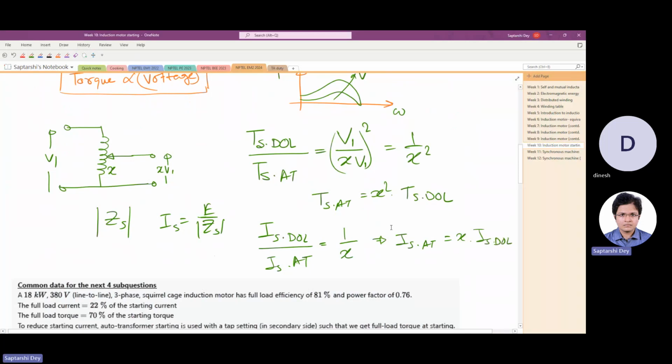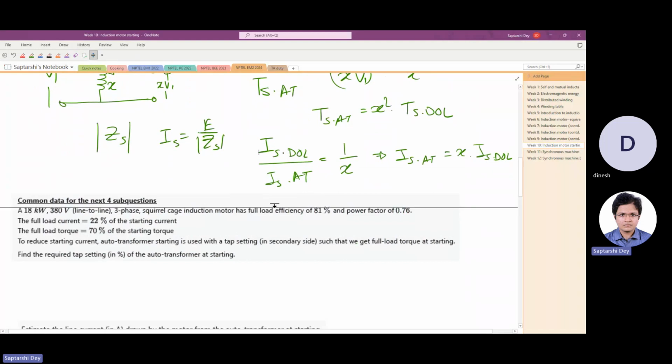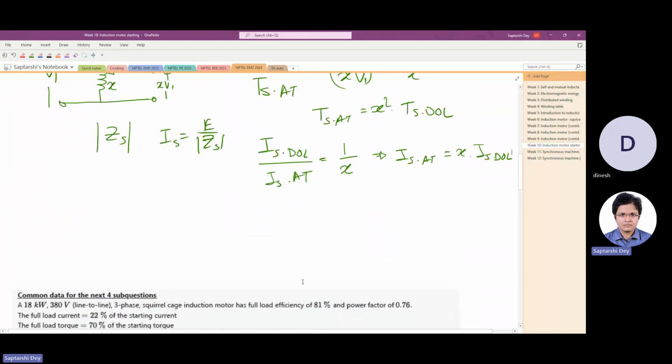Now you notice here one thing. I did this using the rotor circuit. I simply used the rotor circuit here, and I said that this voltage is reduced by X times, so the current is also reduced by X times.